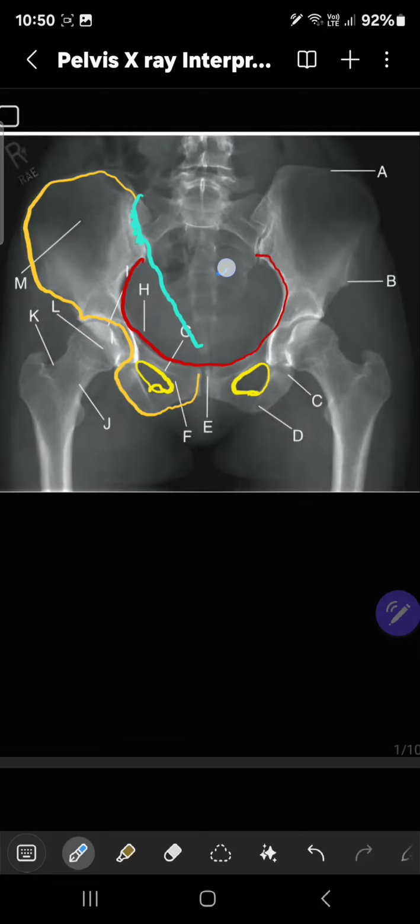You can vaguely see the sacral foramina here. If there is any discontinuation in the foramina, you can suspect a fracture. Each foramina has a line above it called the arcuate line.